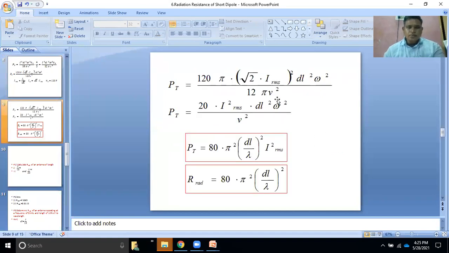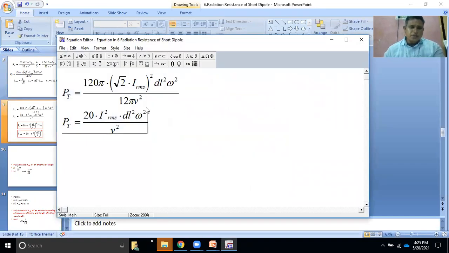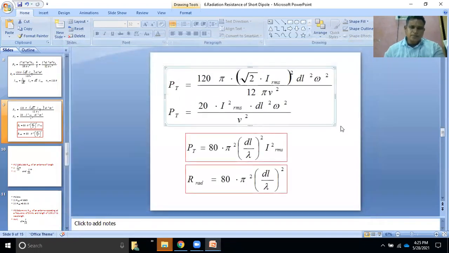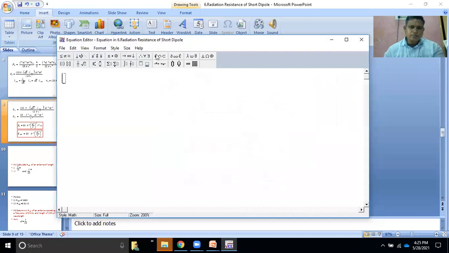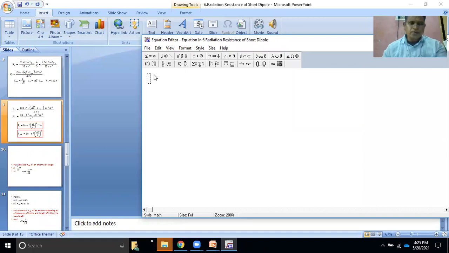Okay, from this expression, how are we getting this one? Omega is equal to 2 pi f. Now, what is the value of V by f?